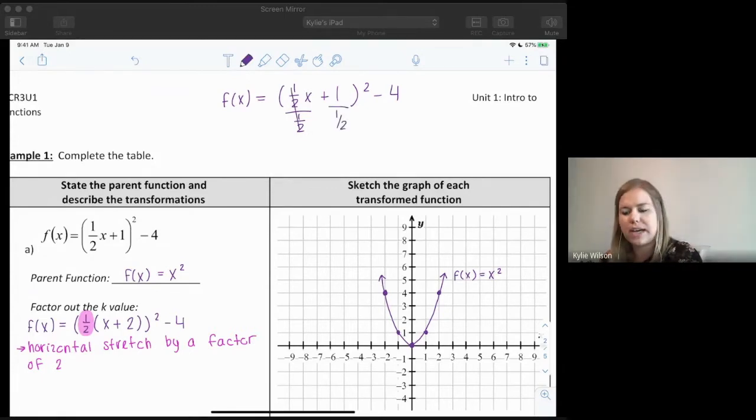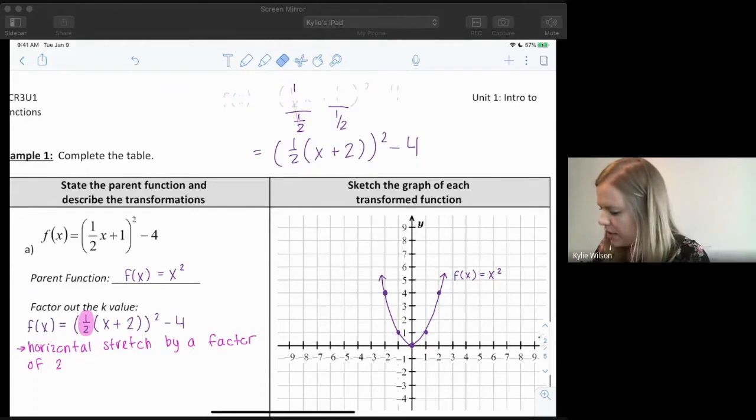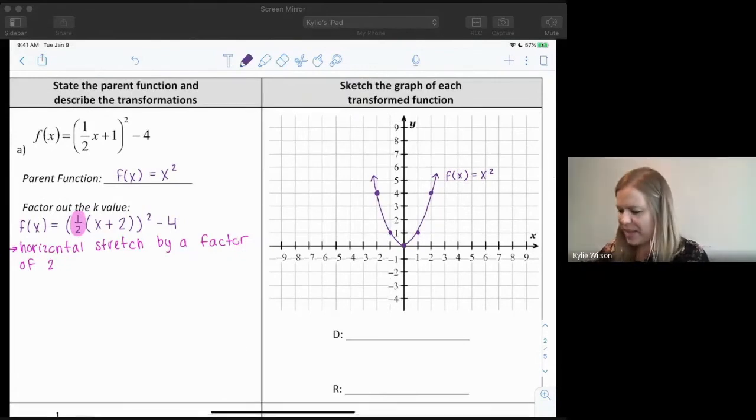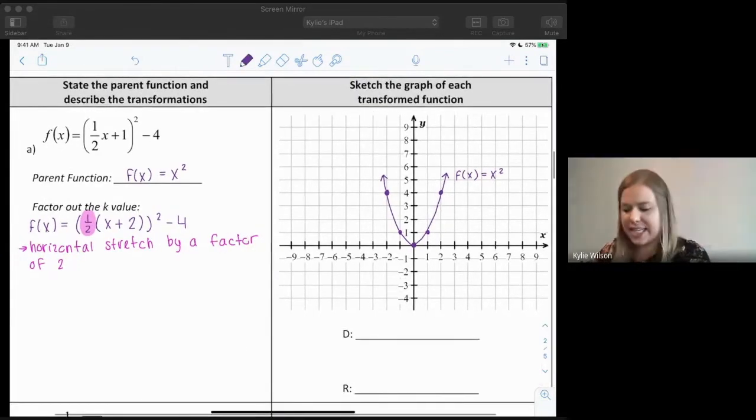So 1 divided by 1/2, we keep the 1/2 out here. That will just leave me with x, and 1 divided by 1/2 is going to give me 2. That's where that comes from, because I just factored out that. Okay, awesome. I think that it being a fraction makes it kind of confusing. All right, so that's what our k does.